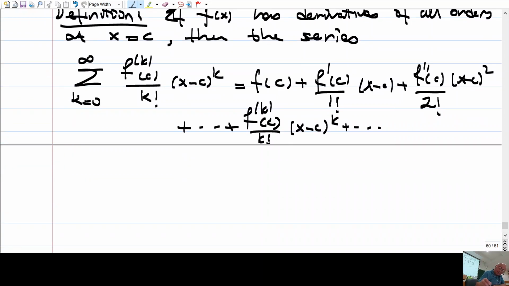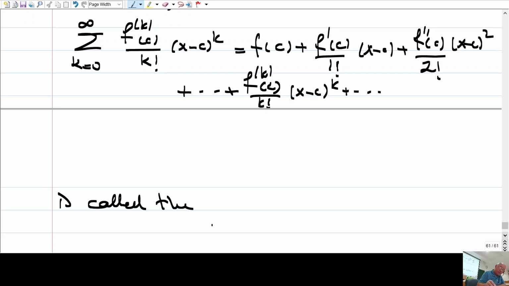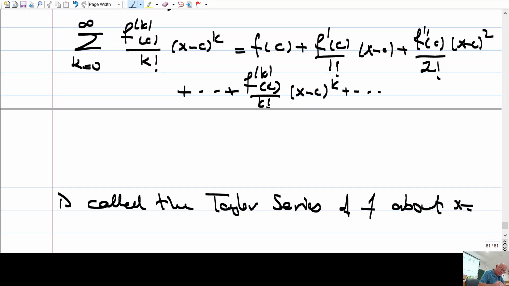Then this series is called the Taylor series of f about x equals c.